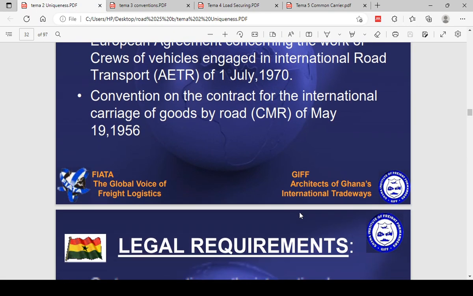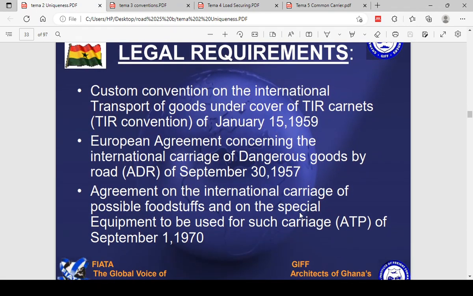The Customs Convention on the International Transport of Goods under cover of TIR Carnet. It's like an insurance. When you have it here, you go to Togo or you go anywhere and they have it. Switzerland, you don't have to pay again. You only show your valid document and TIR Carnet.